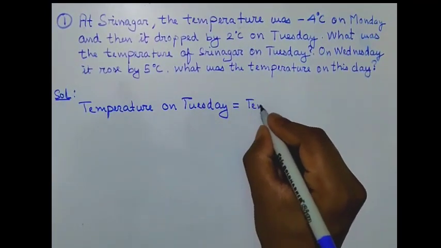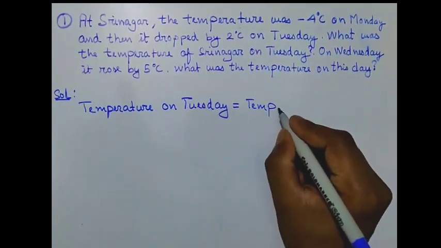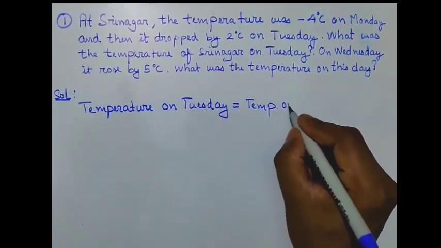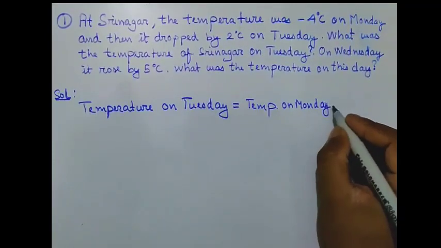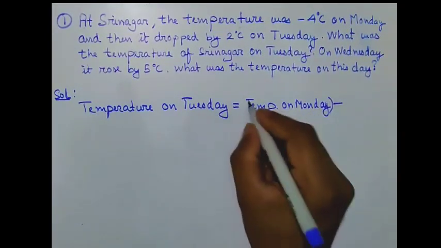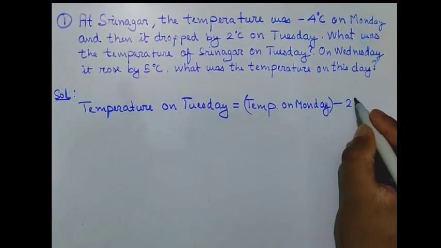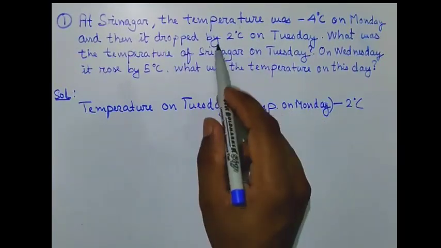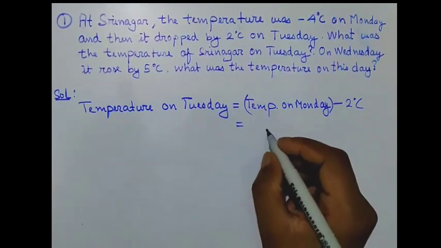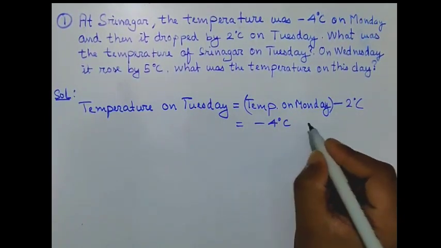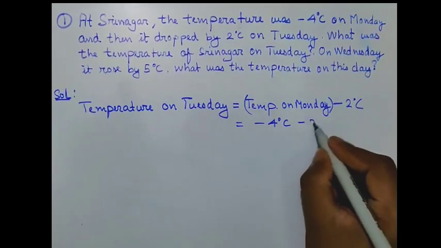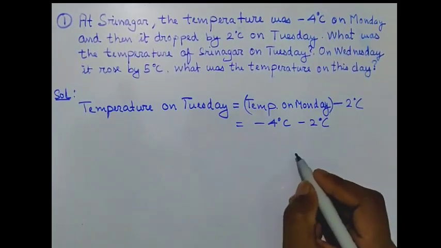So temperature, I'm writing short form, temperature on Monday minus 2 degrees Celsius. So the temperature is dropping further. What was the temperature on Monday? That was minus 4 degrees Celsius. Then minus 2 degrees Celsius.